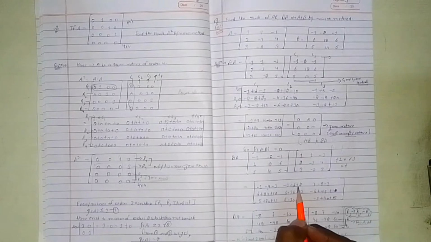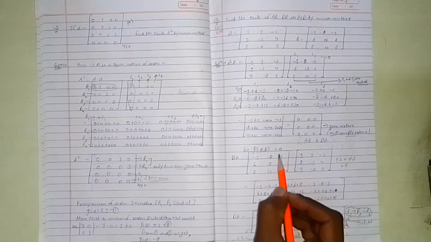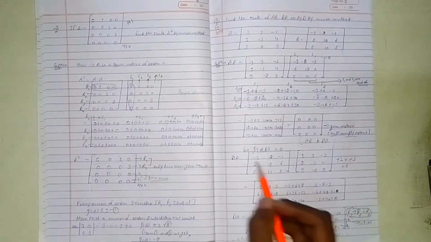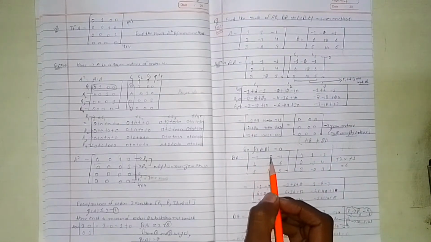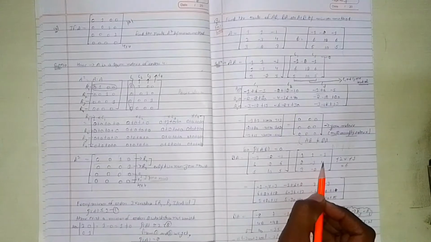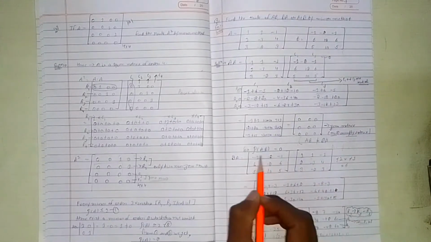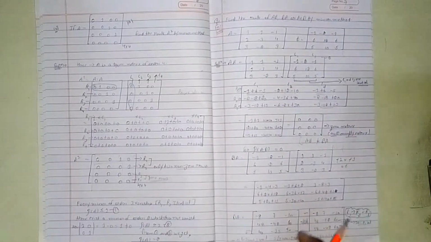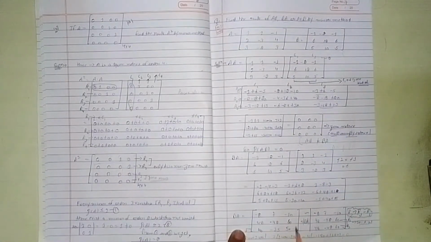Minus 1 into minus 2, that is plus 2, 1 into 2, that is 2. Minus 1 into minus 1, that is plus 1. Minus 2 into 4, that is minus 8, because one number contains a minus sign. Minus 1 into 3, that is minus 3. When I solve it, BA comes out to be this.